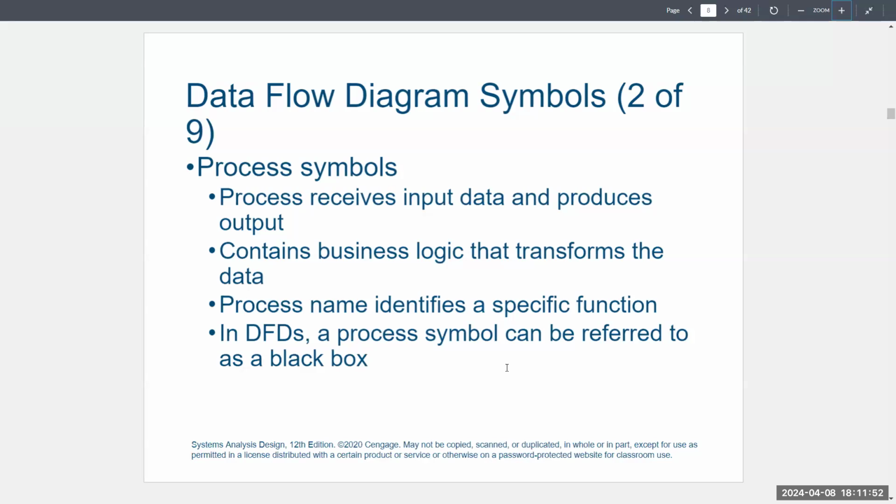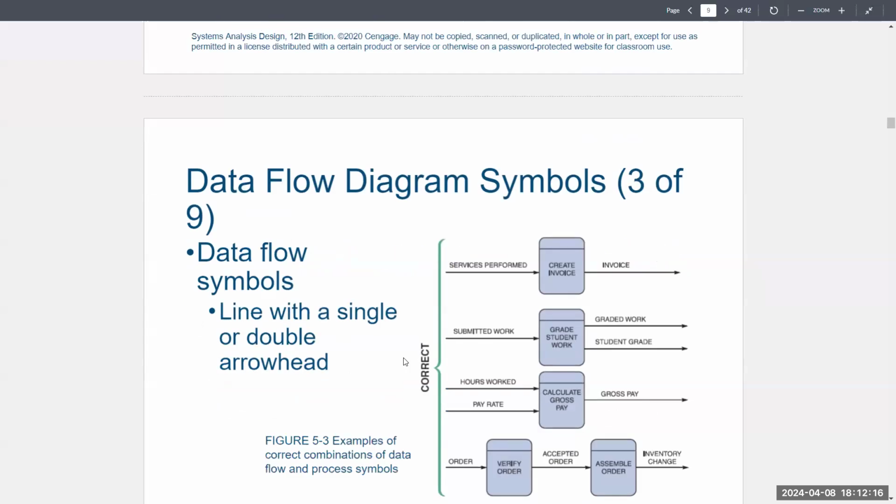So every process needs a specific function, which is what that exact step is going to do, and a name that identifies that function. That's why in a DFD the process symbol is called a black box. It means we don't know how exactly it's doing that transformation.